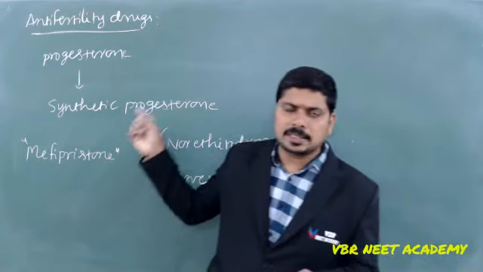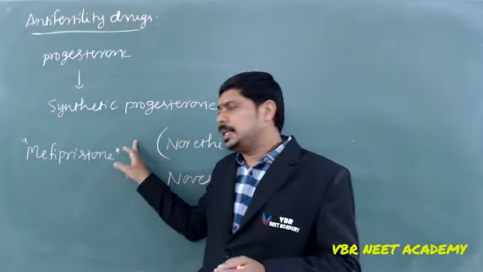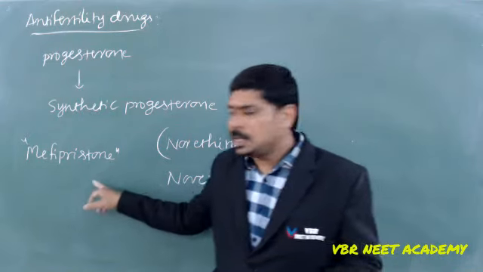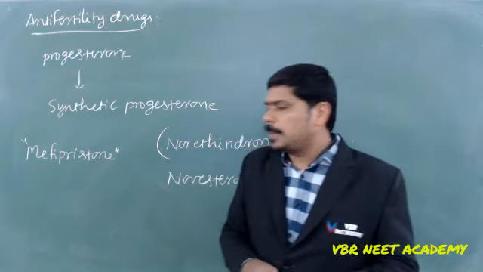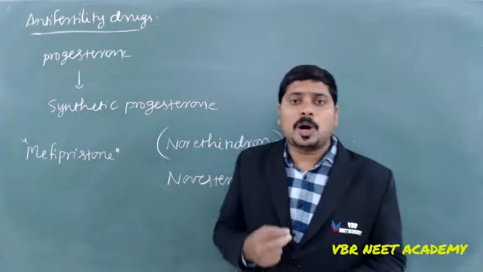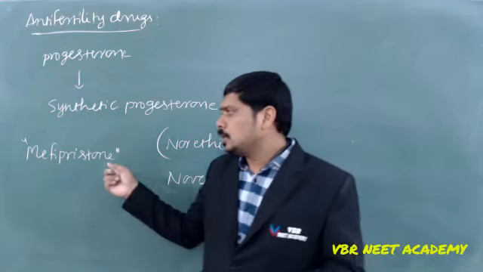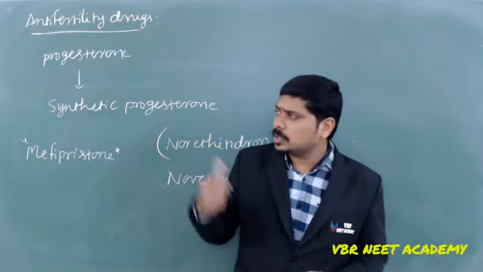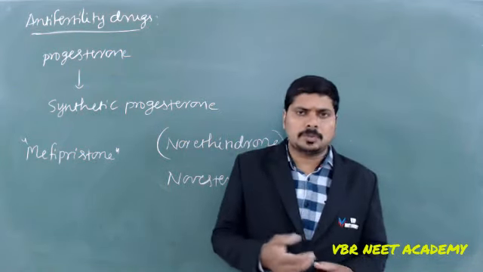They are called synthetic progesterones mainly. Norethindrone is one example, and norgestrel is another example, and we have one more, mifepristone. Mifepristone is also called the morning pill, used for preventing fertilization. So this is for birth control.